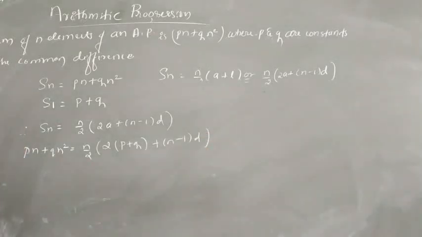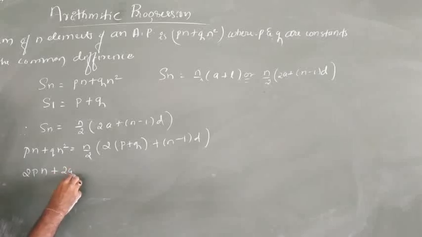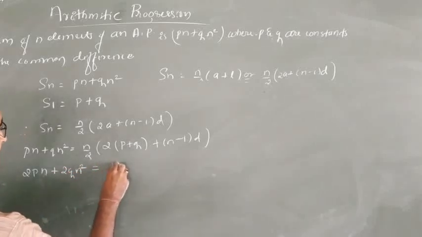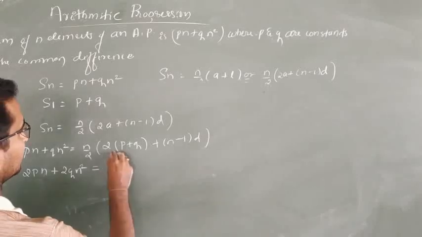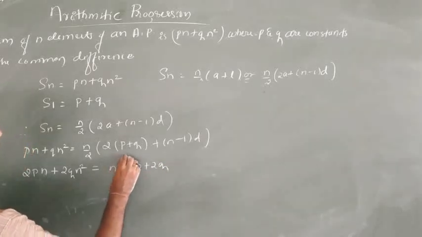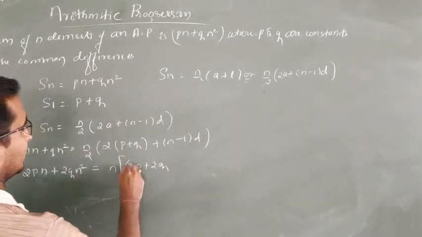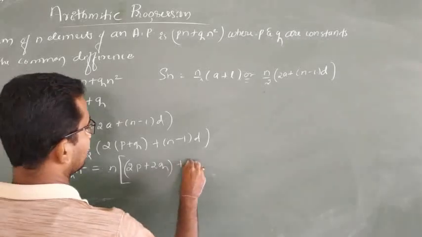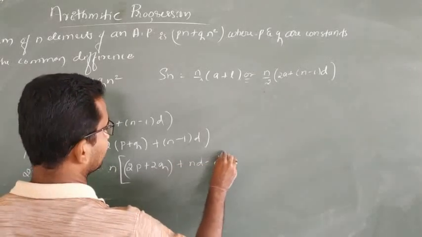Okay. So take this 2 to the LHS, that is 2Pn plus 2Qn square is equal to n into bracket, 2P plus 2Q, n is a common multiple, whole 2P plus 2Q plus nd minus d.